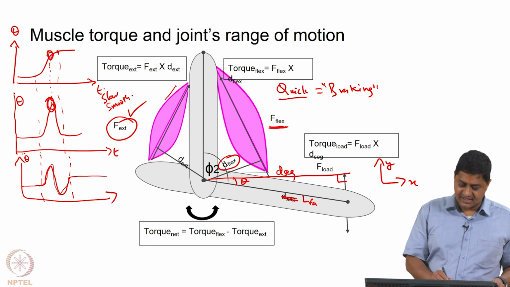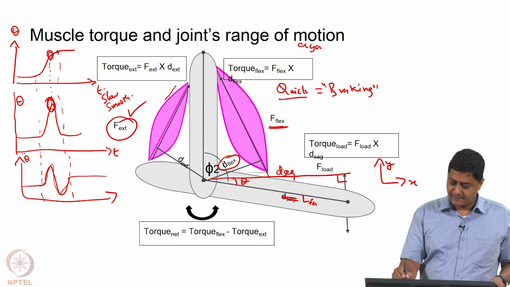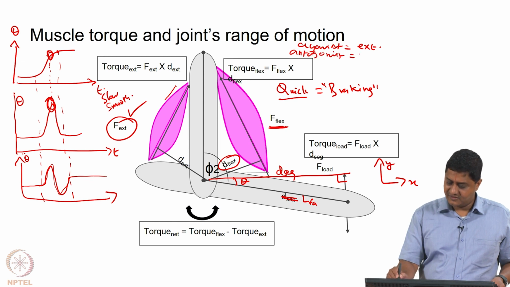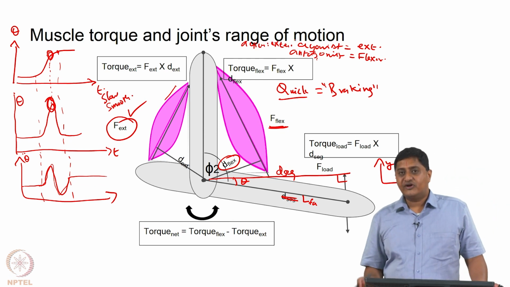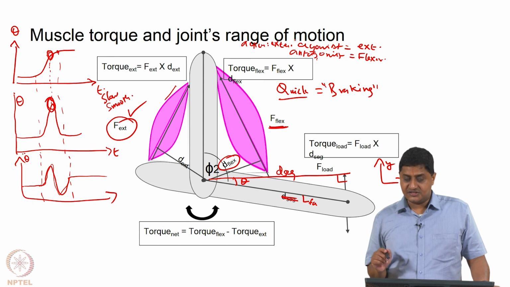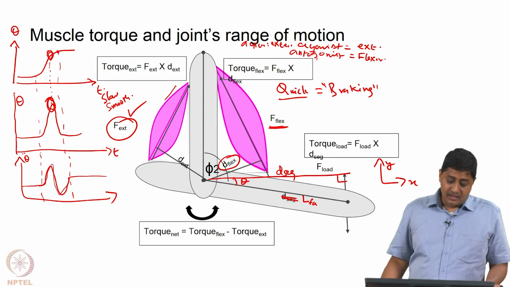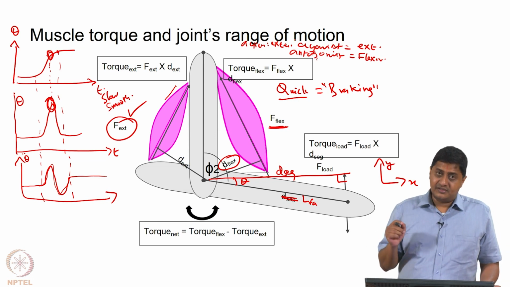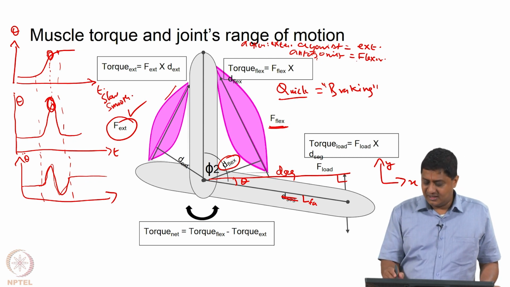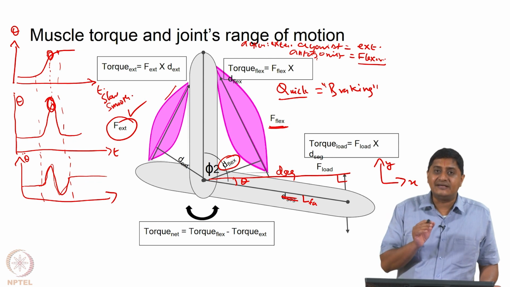In this case the agonist is the extensor, the antagonist is the flexor. For what action? The action is extension. For extension the agonist is the extensor. Now, if I want to come to an abrupt stop, then I must apply brakes, or activate the flexor at an appropriate time.